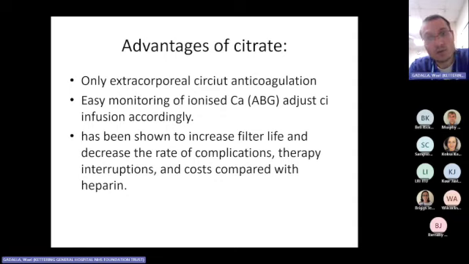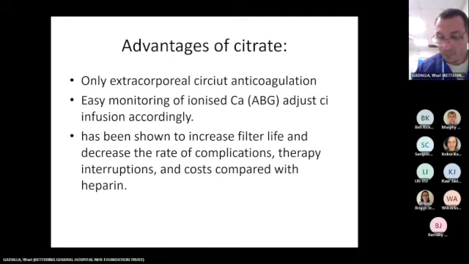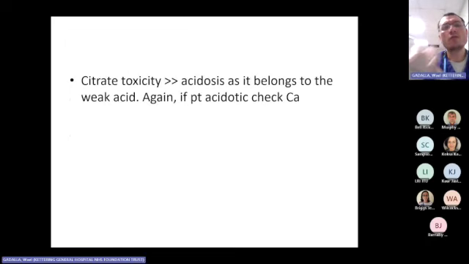Also, when we send the blood, we'll take the total calcium level to make sure that there is no citrate toxicity in the body. Citrate is a weak acid, so it can cause acidosis.